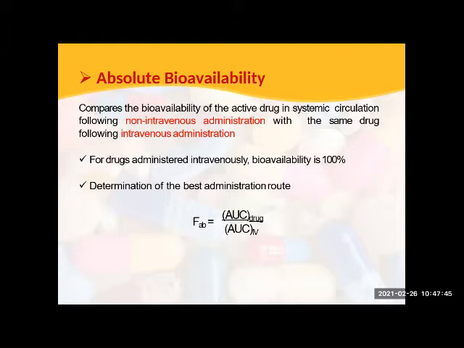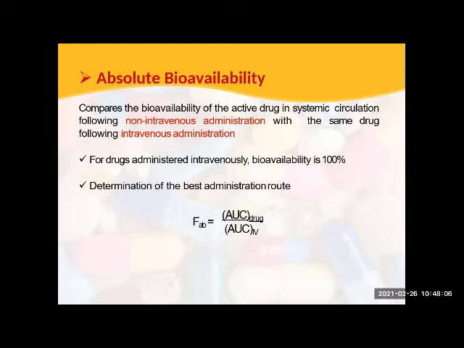Here we calculate the area under the curve for the drug which is given by the non-intravenous route, and we divide that area under the curve by the area under the curve of the drug which is given by the IV route.